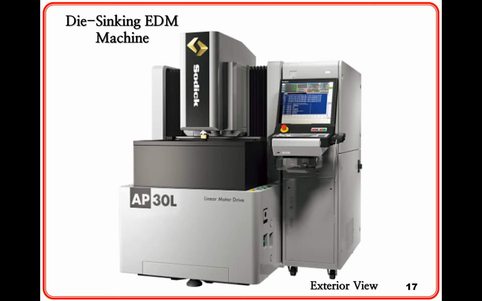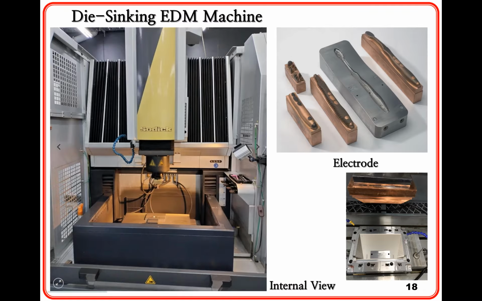The dielectric fluid becomes ionized, producing a spark discharge. The heat and explosive pressure generated by the discharge melt or vaporize a tiny amount of material from the workpiece, creating a small crater. By repeating this process, the machine can perform operations such as hole making, engraving, and complex shape machining.